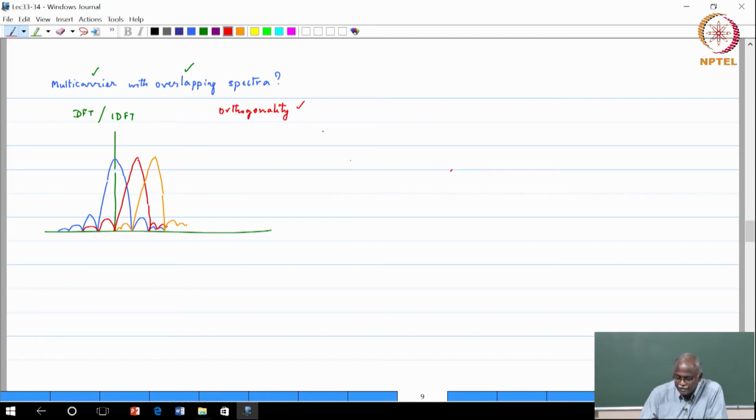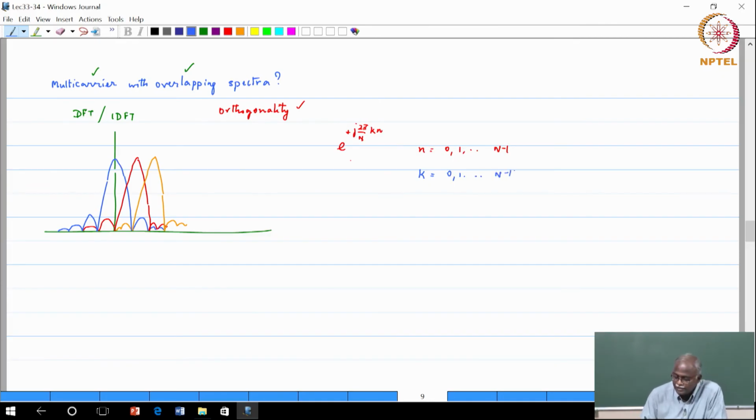So what is the carrier signal? The carrier signal is e power plus j 2 pi over N, plus or minus, does not matter, k times n. Okay. So n equal to 0, 1 to N minus 1. And each of these is for the different frequencies, e power j 2 pi over N times k, and you have k equal to 0, 1 to N minus 1. Okay.